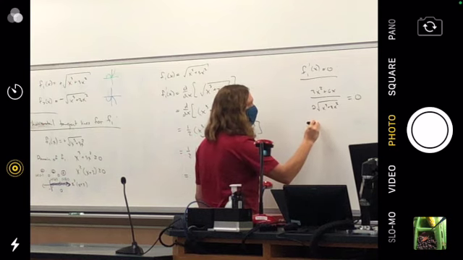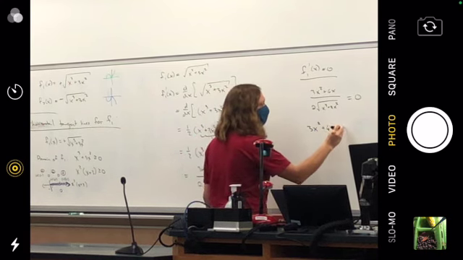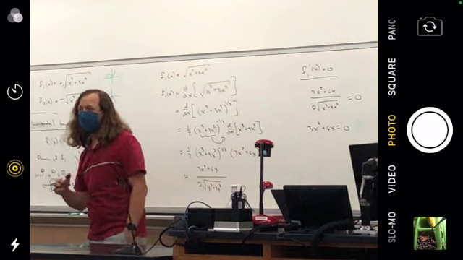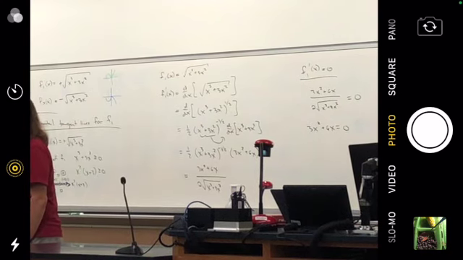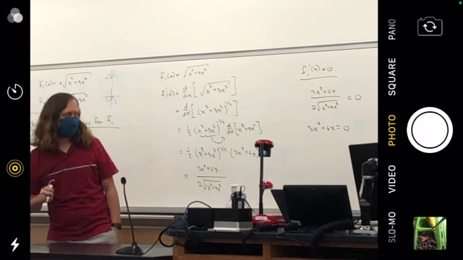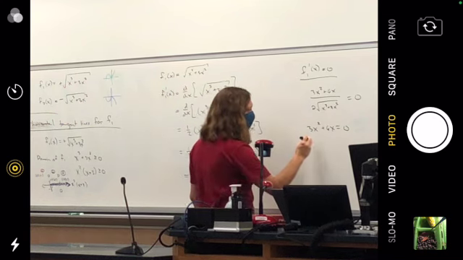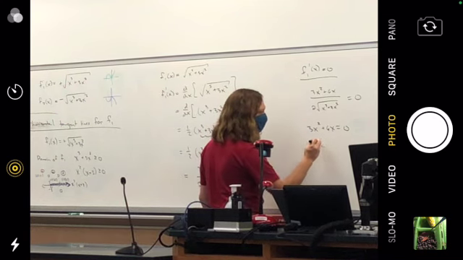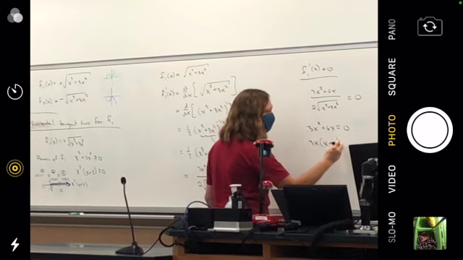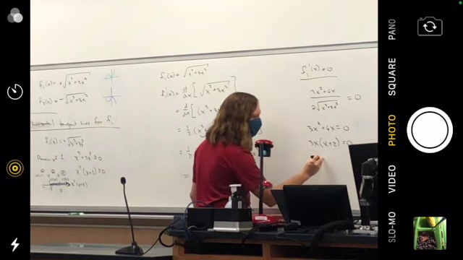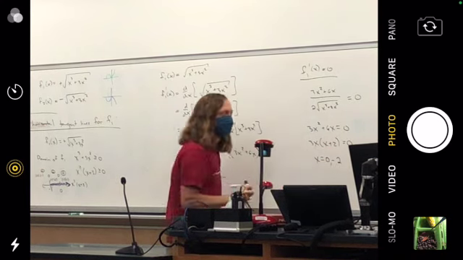So you take a fraction and set it equal to 0. We do take the top and set it equal to 0. So I can factor out a 3x, and I get x plus 2. So x is equal to 0 or negative 2.